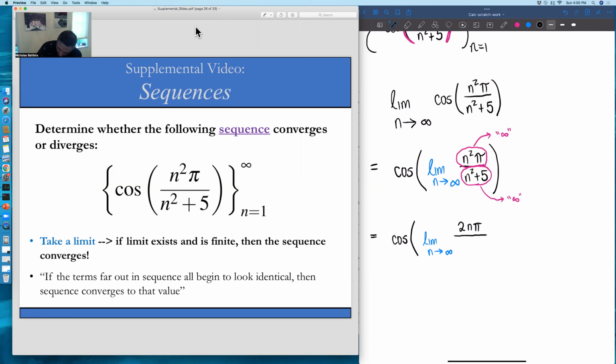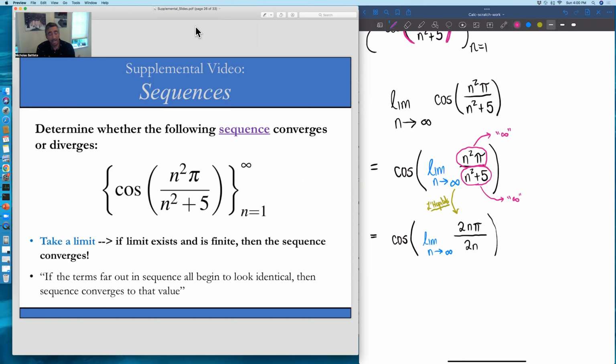In the denominator, the derivative is 2n. So again, from this second line to this third line, we did a nice L'Hopital's rule.